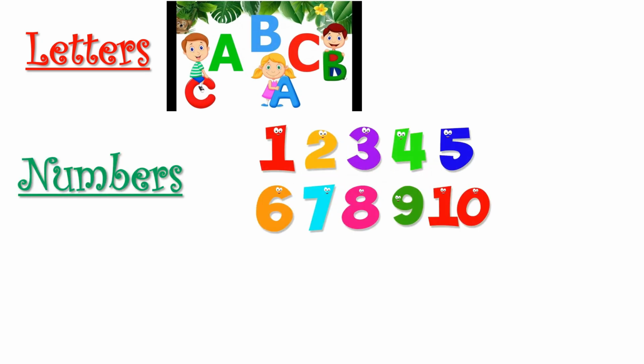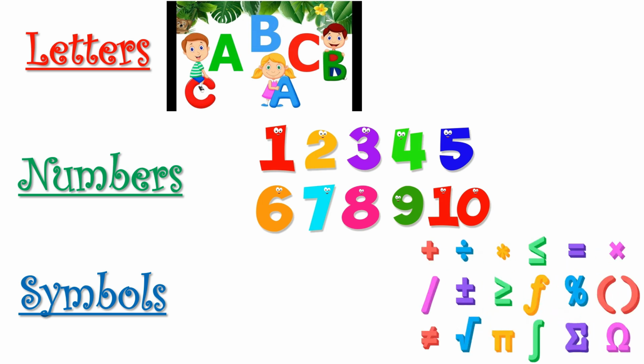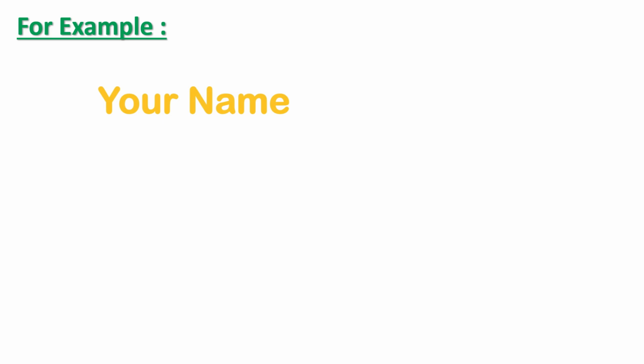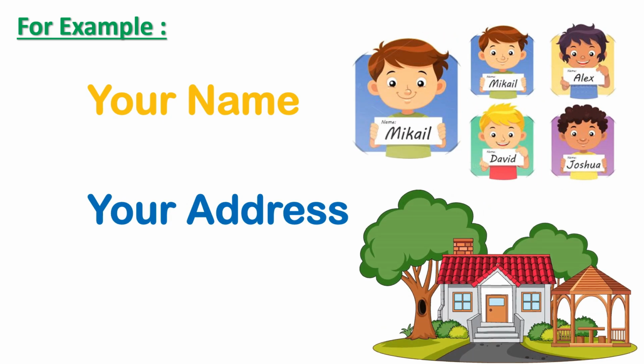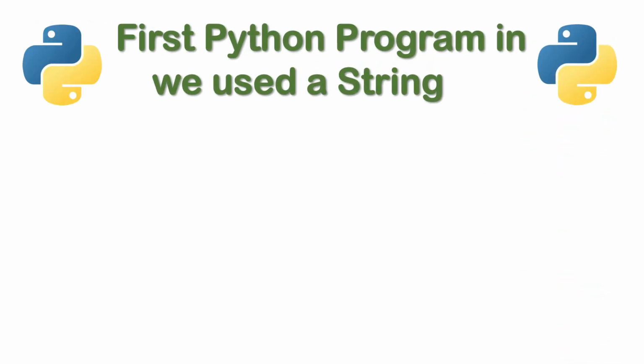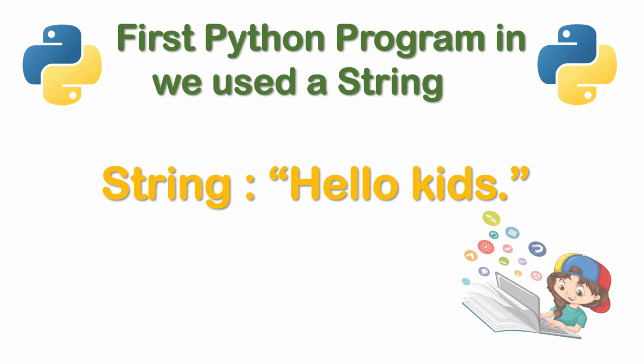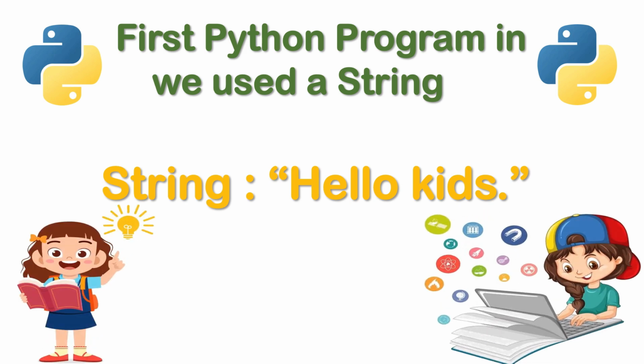All the letters, numbers, and symbols could be a string. For that matter, your name could be a string, and so could your address. In fact, in the first Python program we created in the last session, we used a string, hello kids.